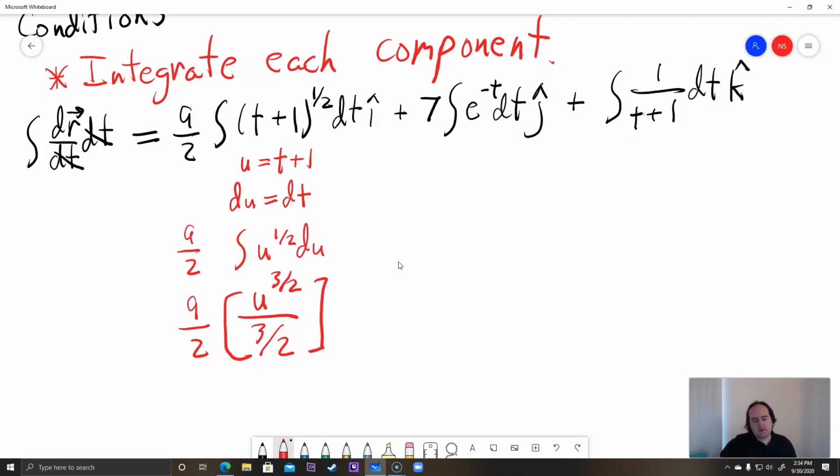But when you're dividing by 3/2, that's the same as multiplying by the reciprocal. So if I flip over the 3/2, then I'm going to have a 3 on the bottom and a 2 on the top. So we're going to have 9/2 times 2/3 u to the 3/2. Okay, so there's a 9 on the top, 2 on the bottom, and a 2 on the top, 3 on the bottom.